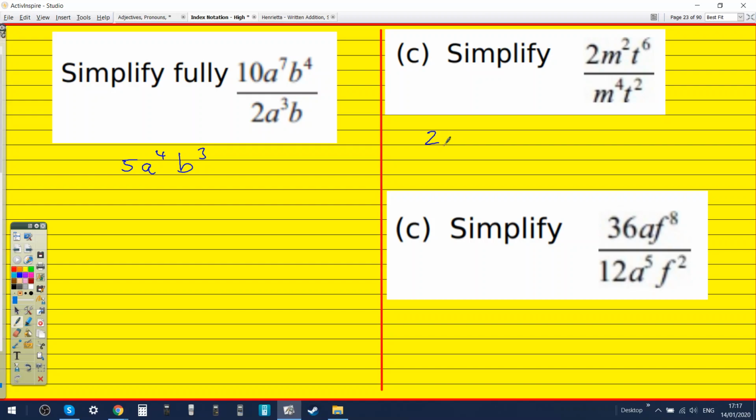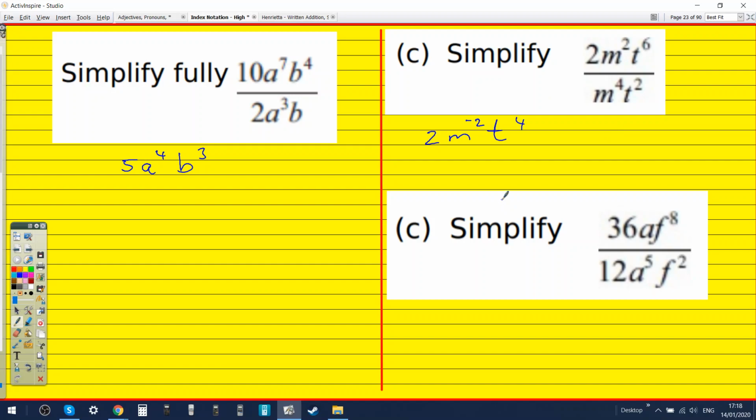Wait, is it 2? 2 T. That would be T^4. Yeah. It would be 2 if it was 4 on the top, 2 on the bottom. So it'll be 4 minus 2. This is 2 minus 4. Minus 2. Minus 2, yes.